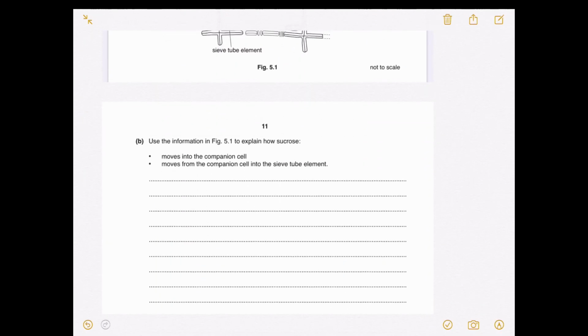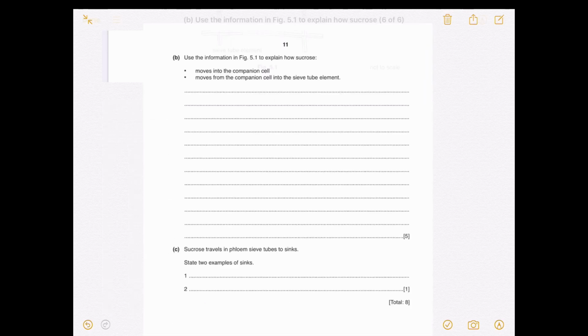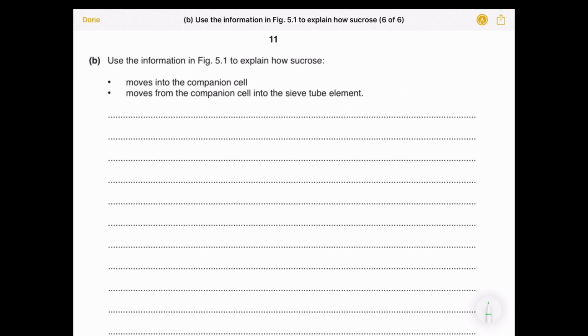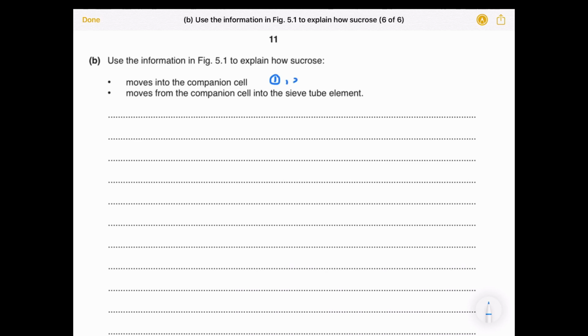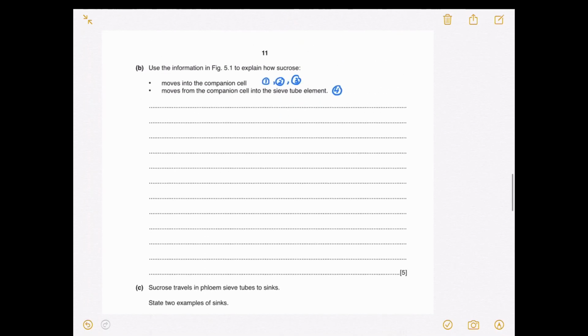How they move into the companion cell, then how they actually move from the companion cell into the sieve tube element. So based on my diagram just now, you will be talking about step 1, 2, and 3 over here. And from the companion cell to the sieve tube element will be step 4. Yeah, it's 5 marks. So basically, you name the correct transport, you name the correct direction, and the gradient itself. Whether it's against the gradient or down the gradient, you most likely get your marks.